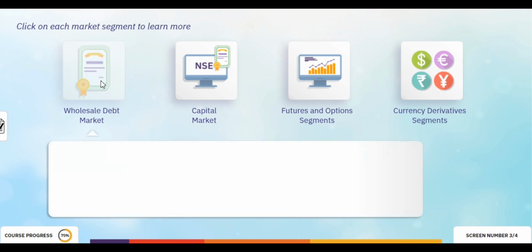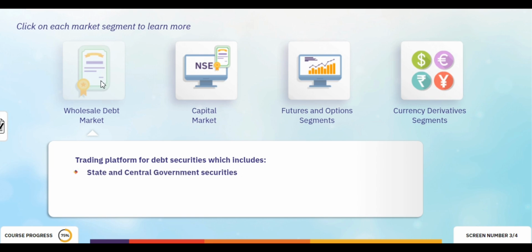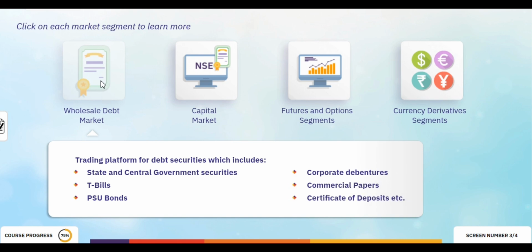The wholesale debt market segment at NSE commenced its operations in June 1994. It provides a trading platform for a wide range of debt securities, which includes state and central government securities, T-bills, PSU bonds, corporate debentures, commercial papers, certificate of deposits, etc.